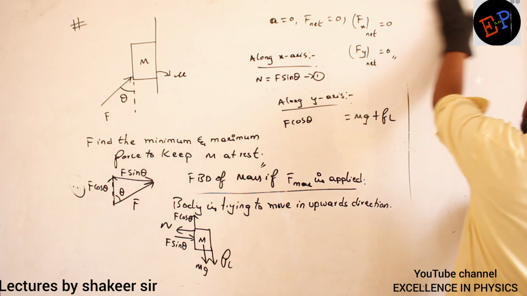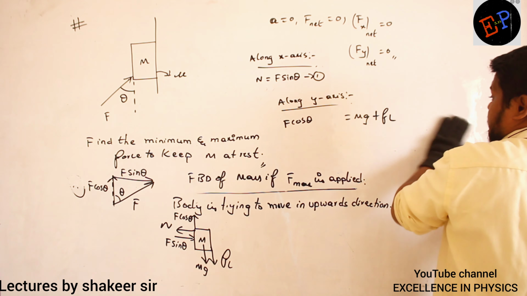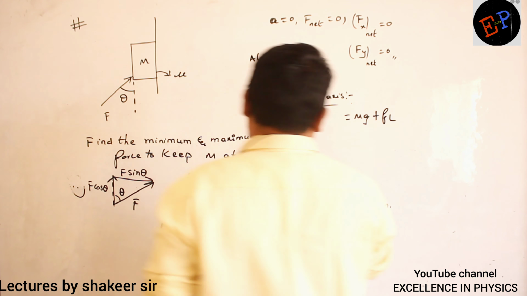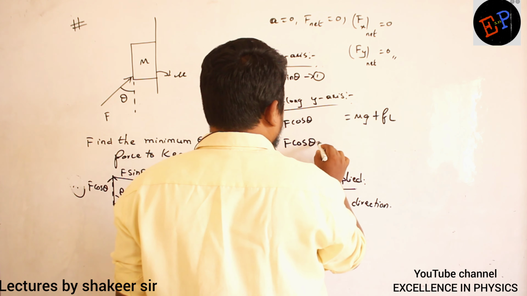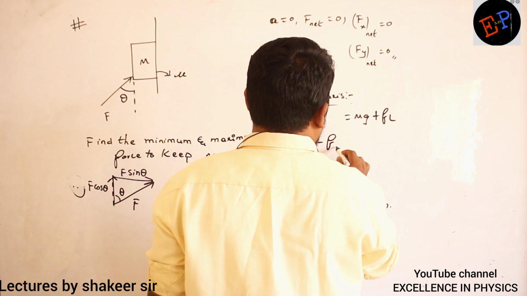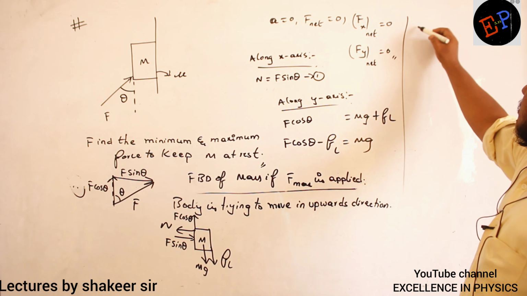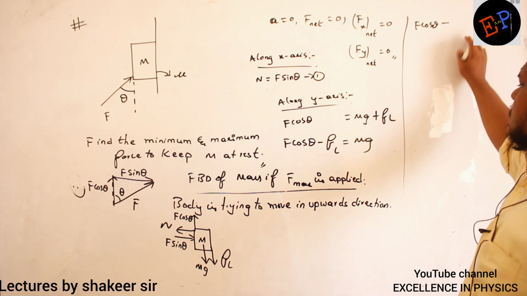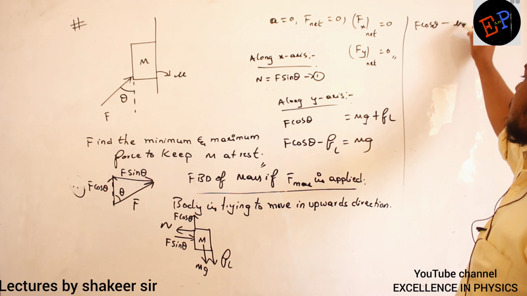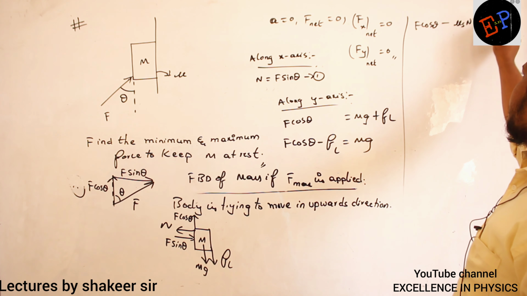Now do the calculation. There is nothing here. Just do the calculation. Clear now? So therefore F cos theta minus FL is equal to capital Mg. Clear now? So F cos theta minus FL, mu s into N, is equal to capital Mg.